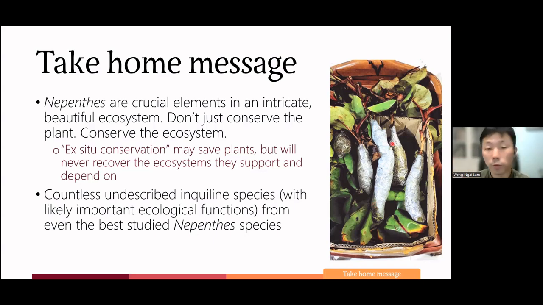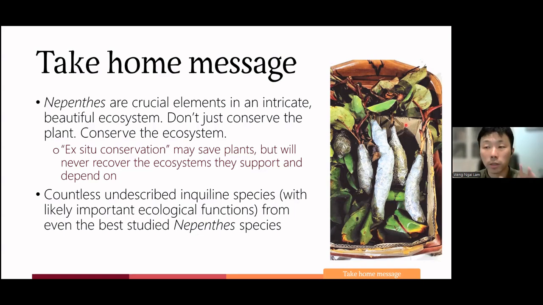And if you don't know what plant this is, it's Nepenthes clipeata. It's one of the most endangered Nepenthes species, found from only one locality in Kalimantan called Gunung Gajah. It's one of those plants whose habitat was decimated by poachers. And I can assure you, having never studied this plant before, just from theory, we are probably seeing the extinction of many inquiline species that are associated with this species.